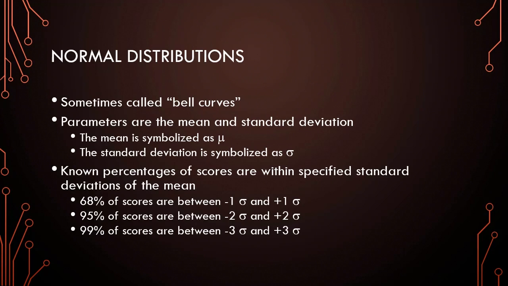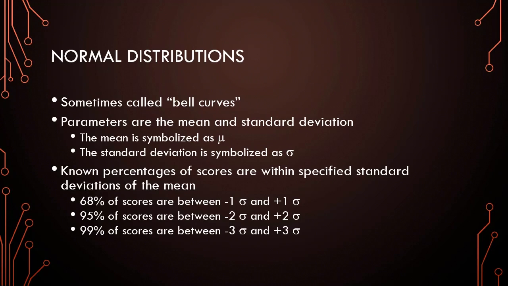If we look at all the scores between one standard deviation below the mean up to one standard deviation above the mean, this will include 68%, about 2/3, of the total number of scores. If we look within a range from 2 standard deviations beneath the mean to 2 standard deviations above the mean, this range will encompass 95% of the scores in the distribution.